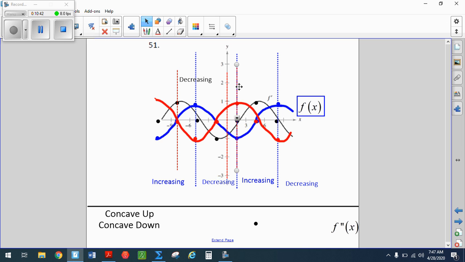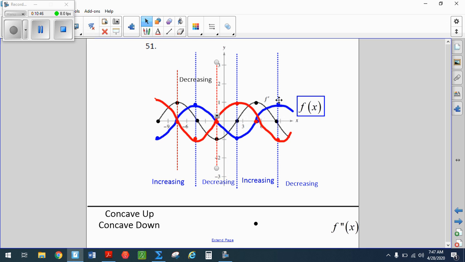Did I move my graph too much? Now I'm trying to figure out what's happening. Okay, that's where I want it to be. Okay, so hard to see because there's so much going on right now.